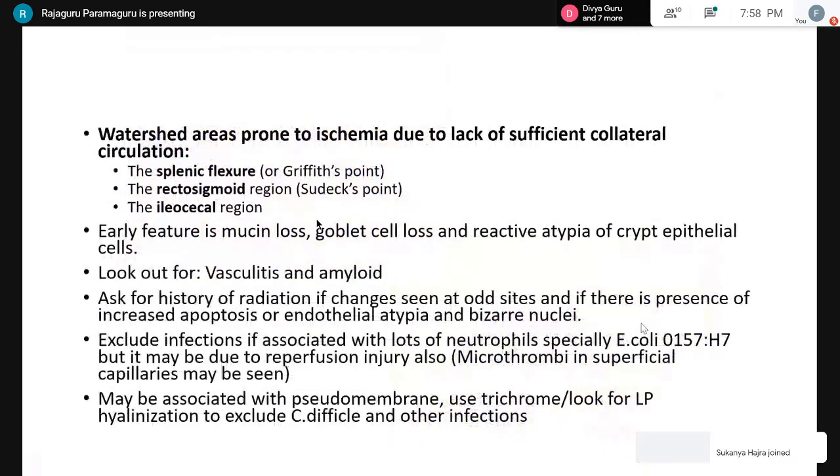Ischemic colitis usually involves the splenic flexure, the watershed area, the rectosigmoid or the ileocecal region. The early features will be loss of mucin and goblet cells, and reactive atypia of the crypt epithelial cells.